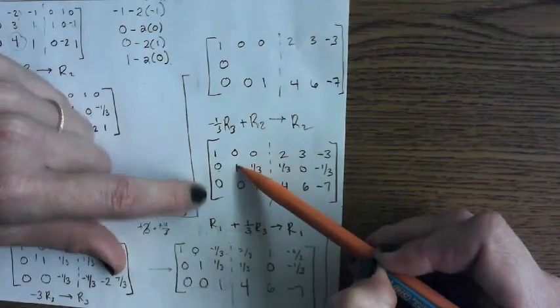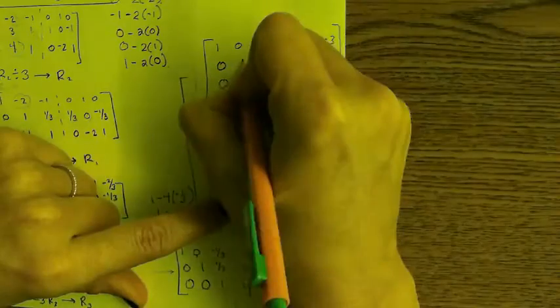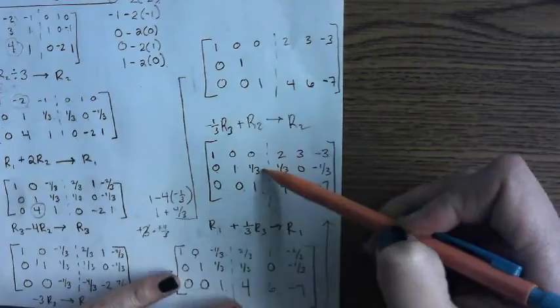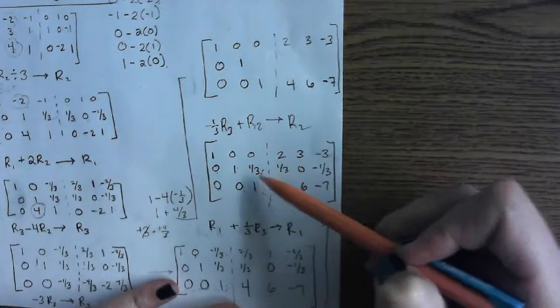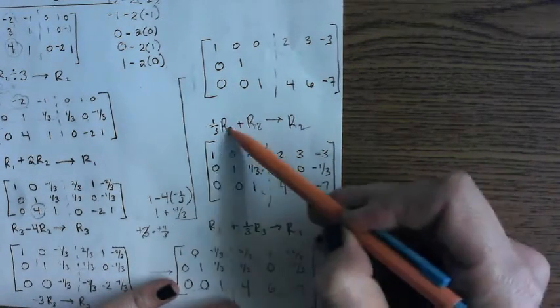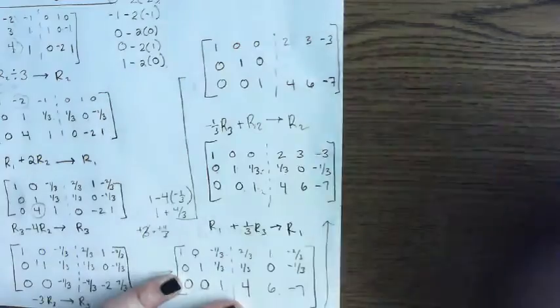I'm going to take this 1 and I'm going to add negative 1/3 times 0, which will still be a 1. And here's where it'll get fun. 1/3, adding it to negative 1/3 times 1. Negative 1/3 times 1 is negative 1/3. 1/3 plus a negative 1/3 is the 0 that we wanted.